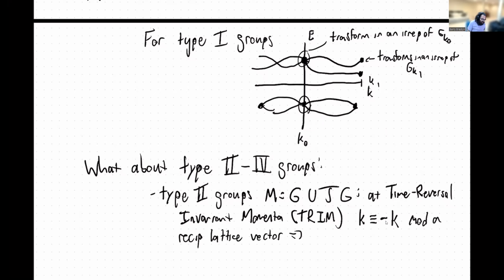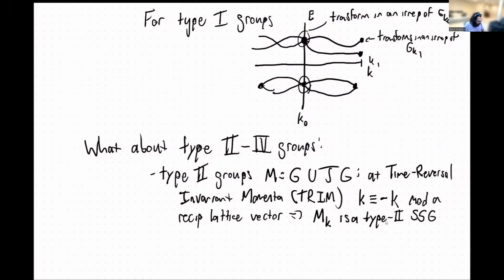And at these points, that means that time reversal symmetry is in the little group of that K point, because time reversal takes K to minus K. And so in this case, the little group M sub K is a type 2 Shubnikov space group. Otherwise, M sub K is a type 1 Shubnikov space group.